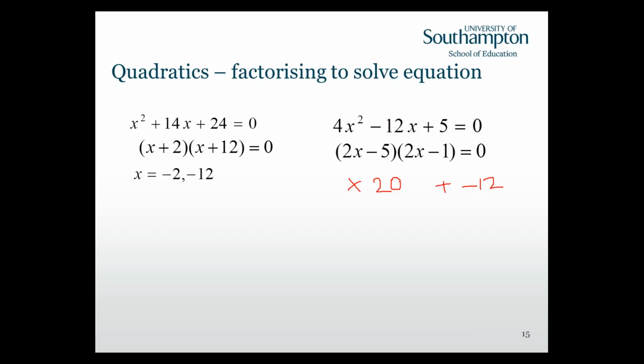So as I run through this, 4 times 5, obviously not going to make 12. 1 times 20 is not going to make 12. So I'm left with 10 and 2, and that makes 12. So 10 and 2, and because I've got a minus, it's going to be minus 10 and minus 2. So I can split that bit in the middle, the 12x, into minus 10 and minus 2.